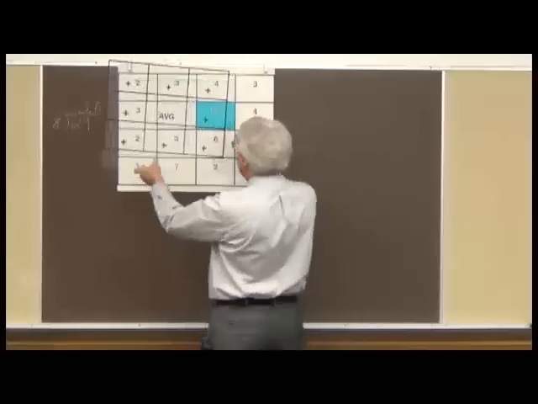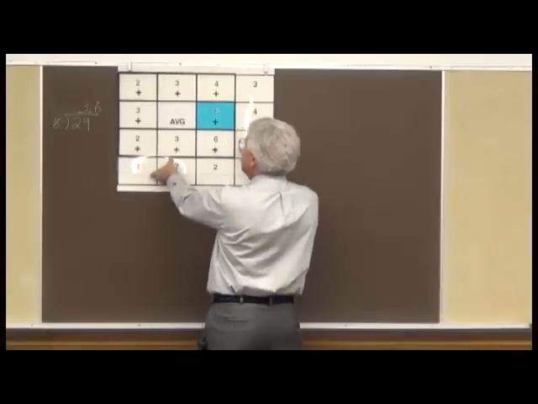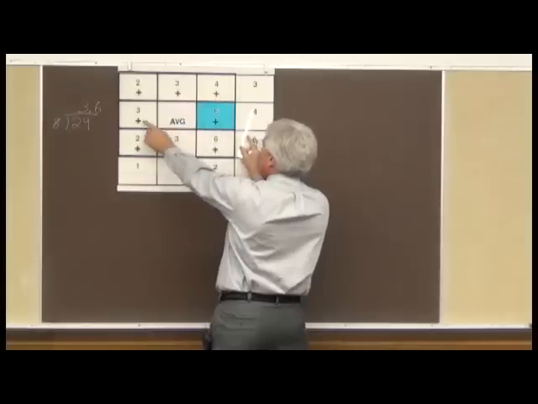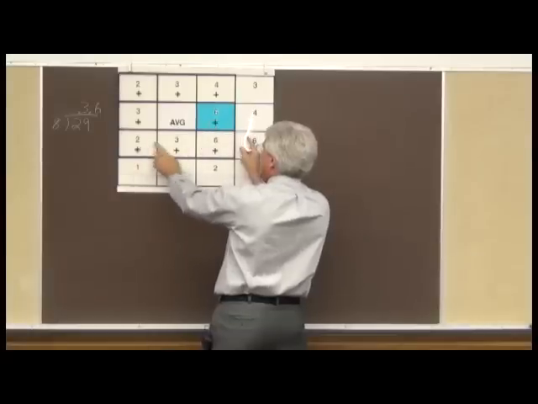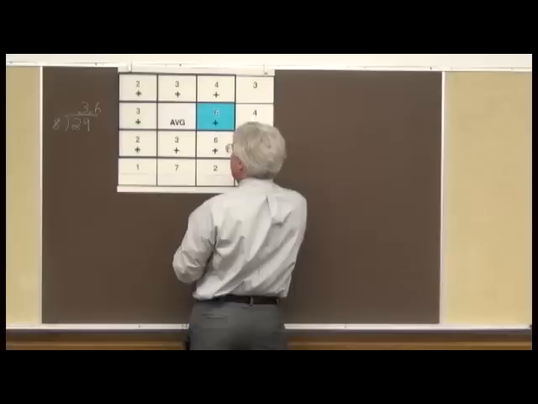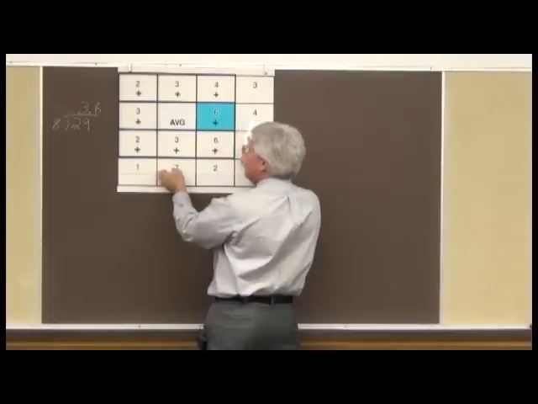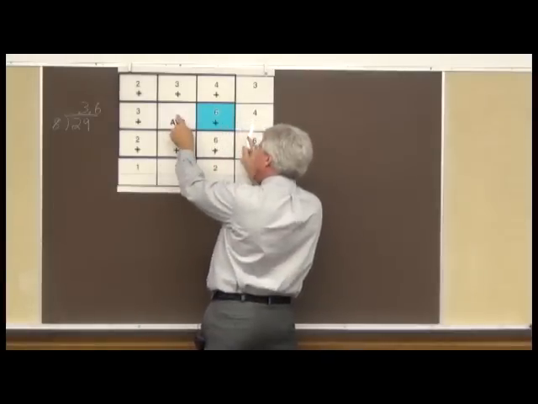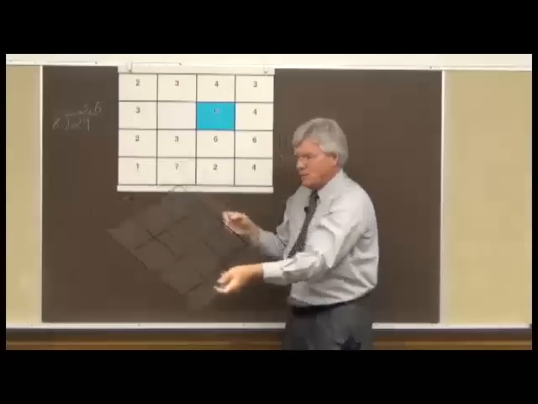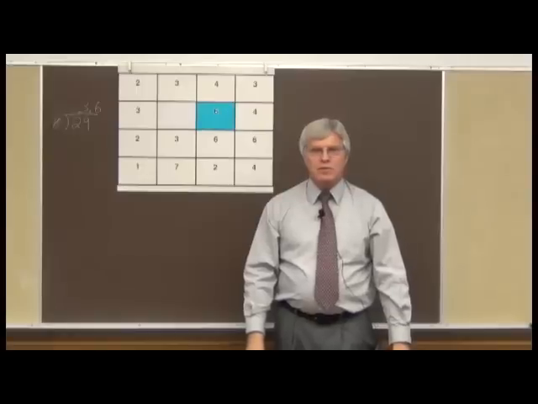So when the computer brings the kernel centered over the dead pixel, it will sum these 8 surrounding pixels, 2 plus 3 plus 4, 3, 6, 2, 3, and 6, and then average those numbers by dividing by 8 and obtaining a new pixel value of 3.6, which will be artificially inserted into this pixel in the image. So that's an example of how kernels can correct for noise.